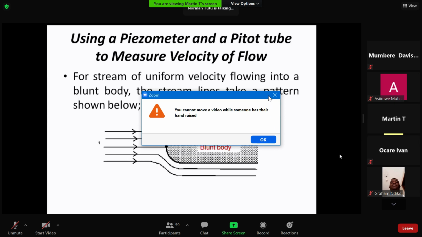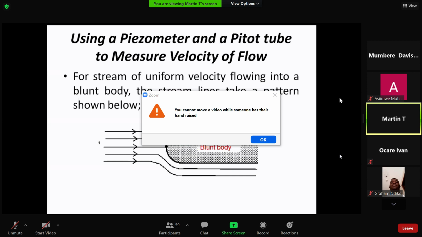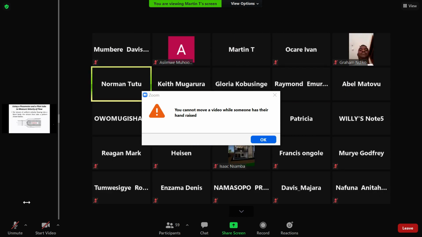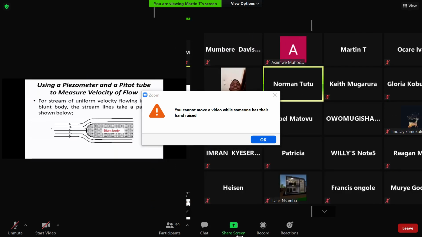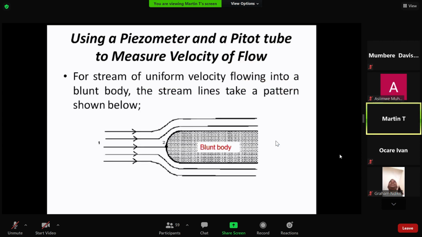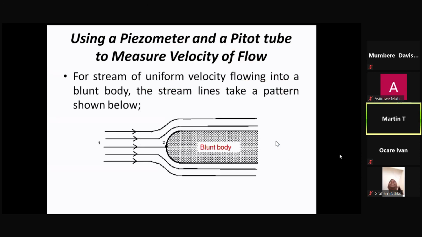Oh, the pressure head plus the velocity head plus the elevation head is equal to a constant. So P1 over rho G plus V1 squared over 2G plus Z1 is equal to P2 over rho G plus V2 squared over 2G plus Z2, not so?